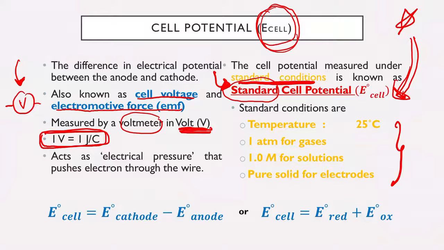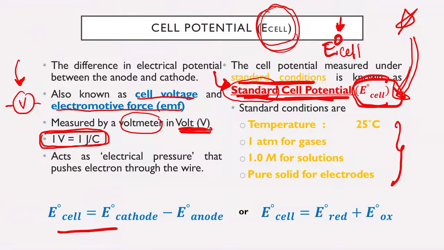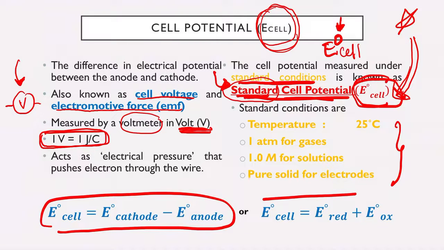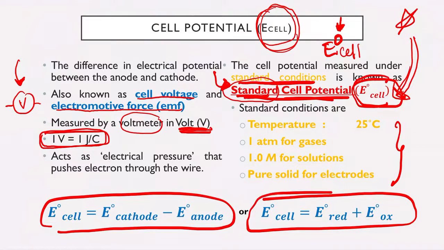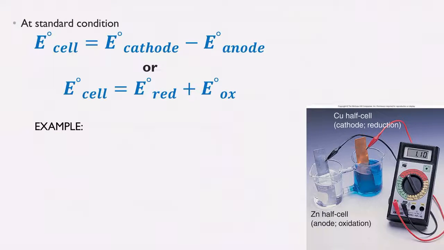So this is your cell potential at standard conditions, denoted by E naught cell. So E naught standard ni maksudnya cell potential, standard cell potential. So these two are the important formulas that you will be using today, guys.